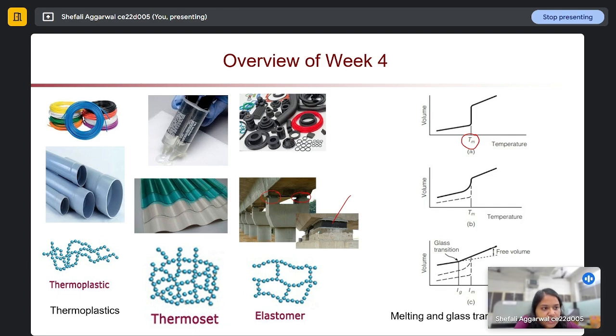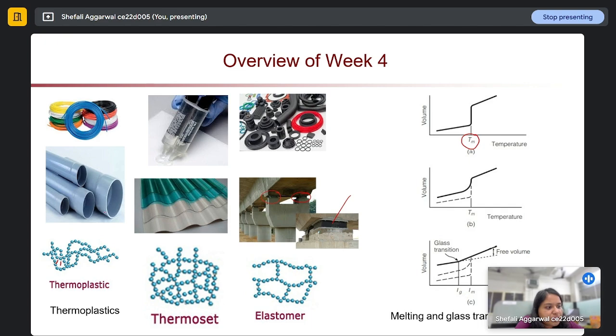They are just long carbon chains attached together, and upon heating, these secondary bonds can be broken easily, and the material can be melted.